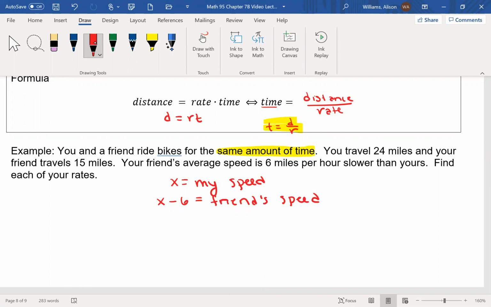So I can calculate time using this formula, the distance traveled divided by the rate. So my time, and here I'm going to indicate that, my time is going to be my distance, which is 24 miles, over my rate, which is x. That's my speed. And that's going to equal my friend's time.